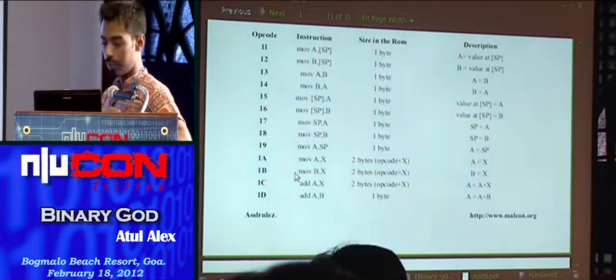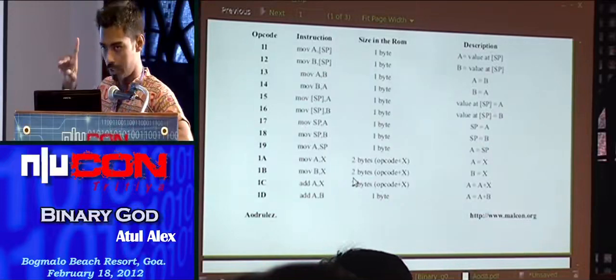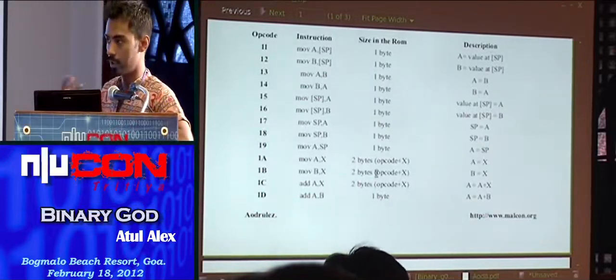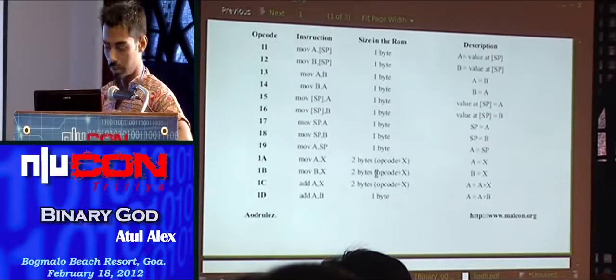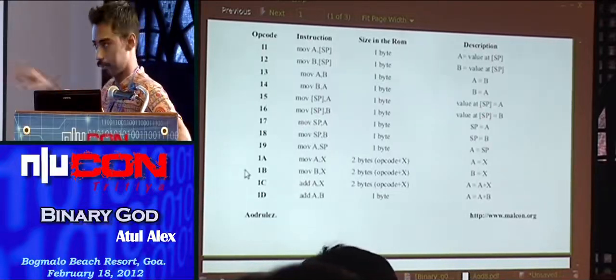Now what is the opcode for that? 1B. And what does the description say? The size of the opcode is 2 bytes. Now the first byte has to be the opcode, and the next byte has to be the number that has to be put inside B. In this case, you have to consider that this is completely hexadecimal.